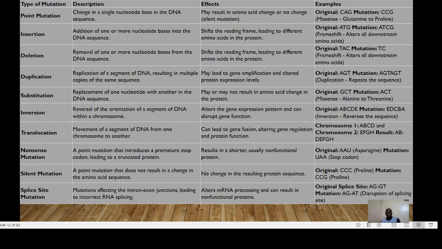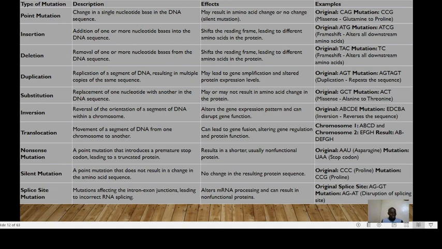It alters the downstream amino acids. What about deletion? Deletion is the removal of one or more nucleotide bases from the DNA sequence. This one shifts the reading frame, leading to different amino acids in the protein. The original could be TAC, and we have a mutation now, we have TC, so A has been deleted. It is a frameshift change.